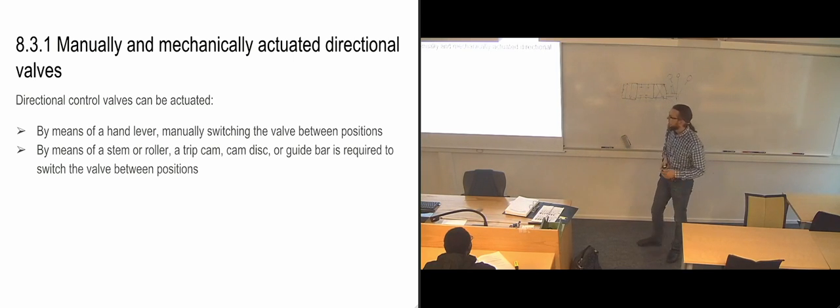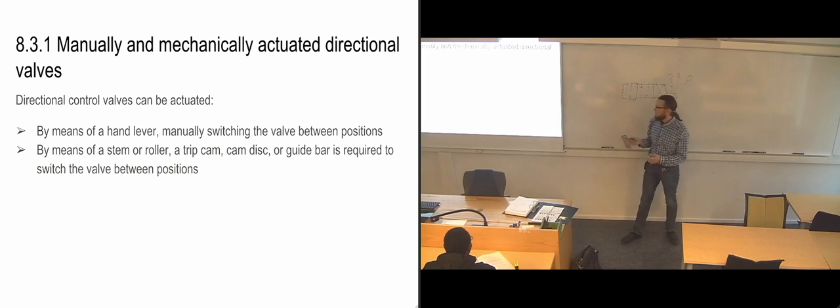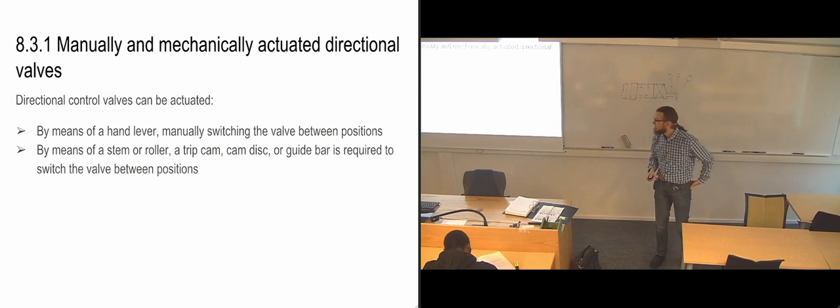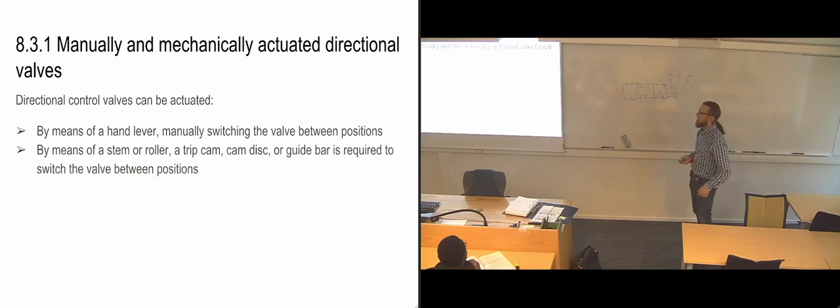But you can also have guide bars, and that is more like the one we pictured here on the stem. That's just going to push on the stem. So if you have a stem or a roller, you really need to have something else mechanical that's doing the operation for you.